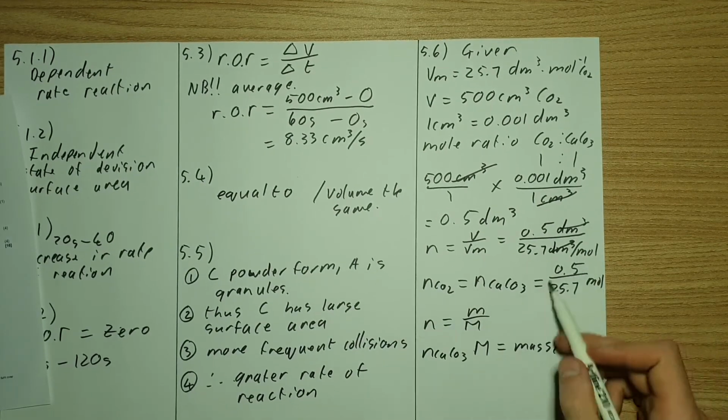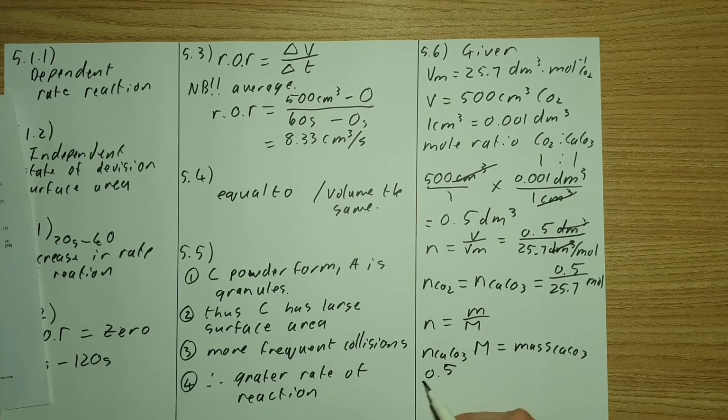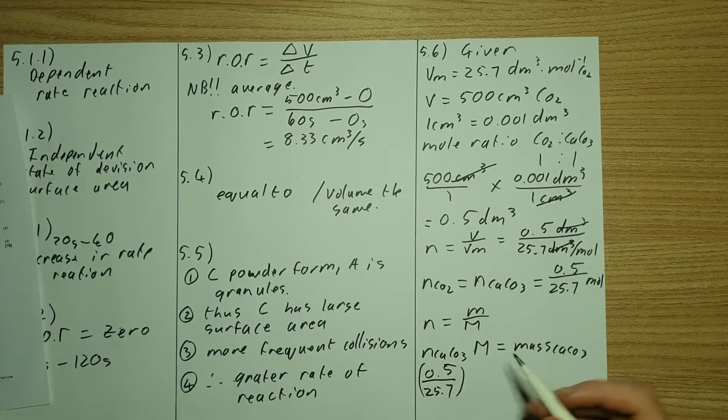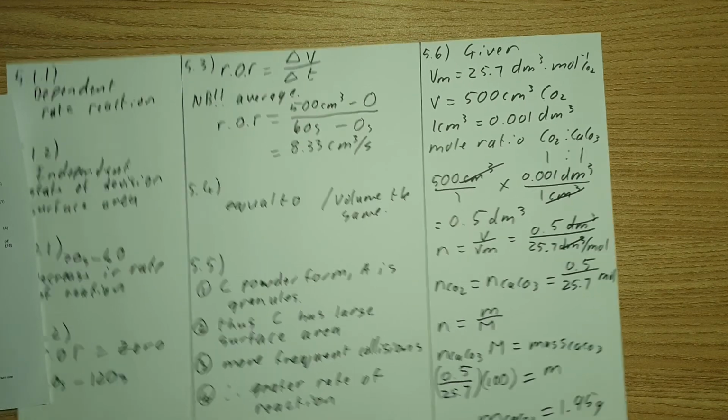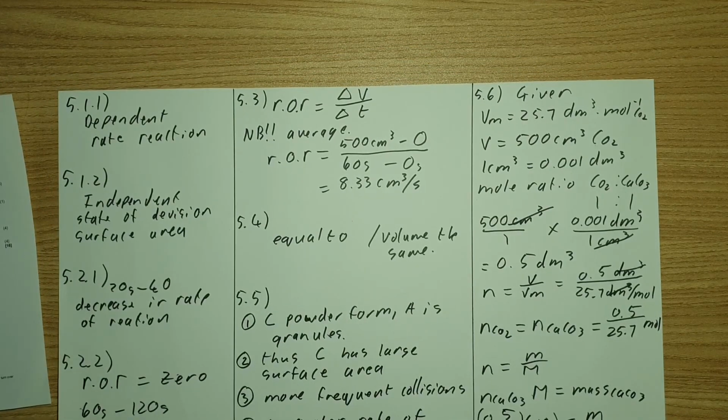We have this fraction up here, 0.5 over 25.7. You can check your periodic table, but your molar mass should be 100 for CaCO3, and that's going to give you your mass, and you should get an answer of 1.95 grams. And that's how we go about doing this question.